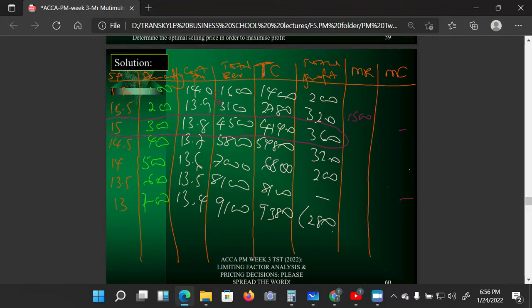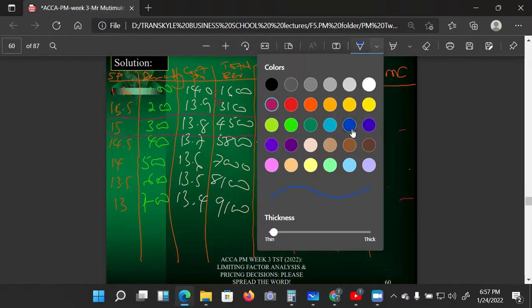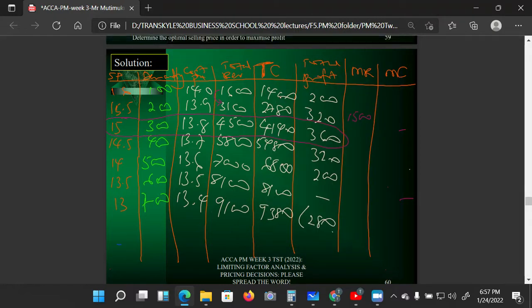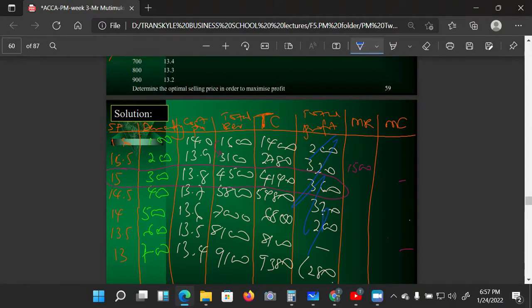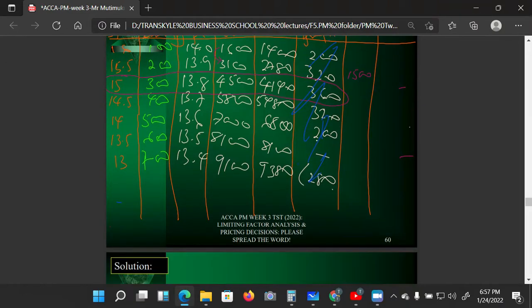And what would be the marginal cost, the extra cost we get? Let us just forget about this column, since we have dealt with it.